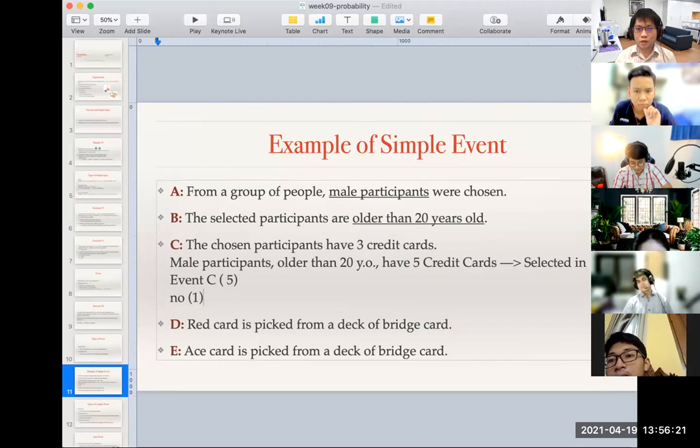All right. So the answer is for these participants, he will not get selected if these events apply. So this will not get chosen if event C apply. Why?